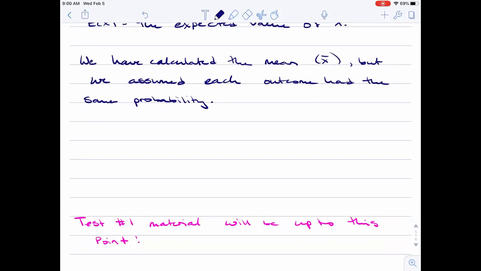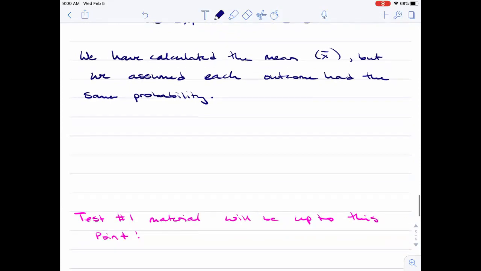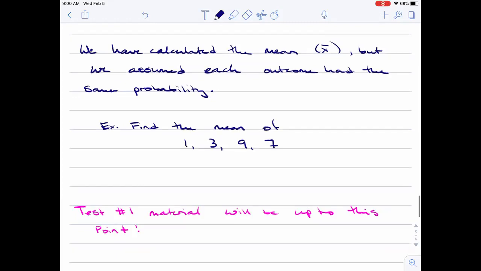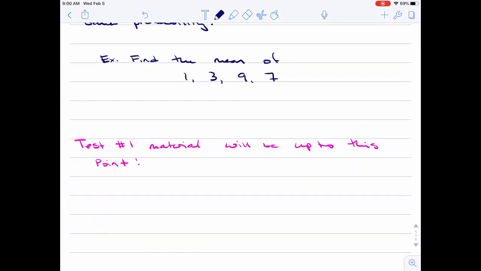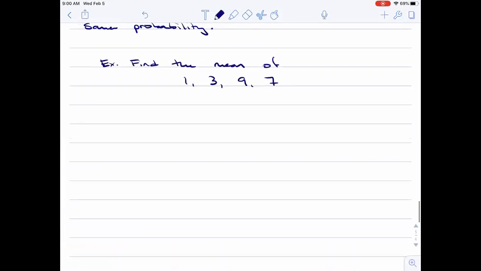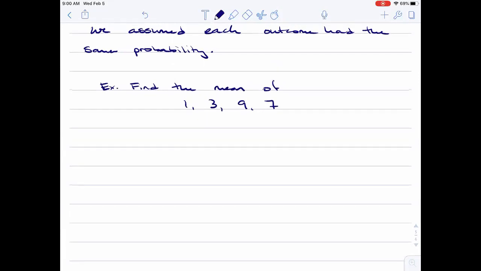For example, if I ask you to find the mean of 1, 3, 9, and 7, you can do that. So find the mean of 1, 3, 9, and 7.